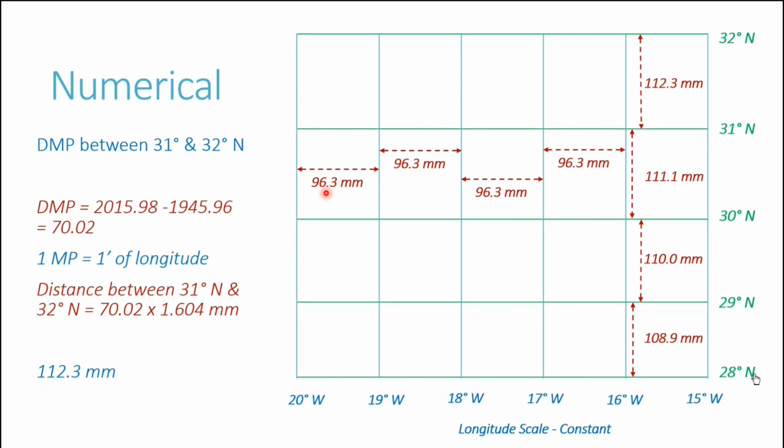Rounded off to the nearest centimeter value, it becomes 1 centimeter. So you can keep a scale of 1:10 and make this entire graticule if you have time. But if you are running short of time, just make a rough diagram of the graticule and show these distances in millimeters, and that will do the job.